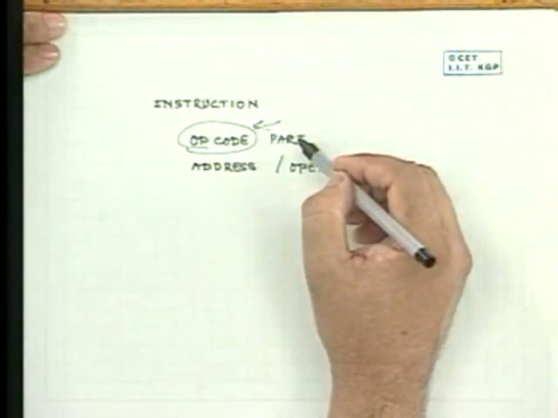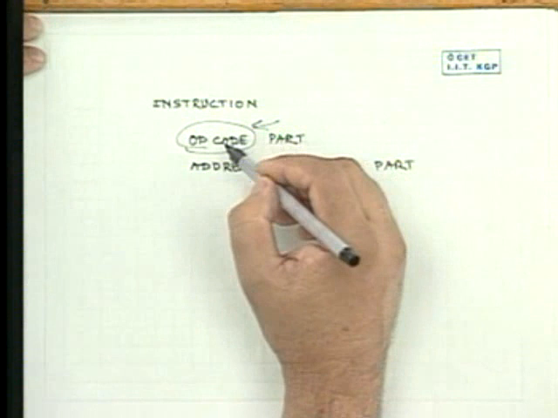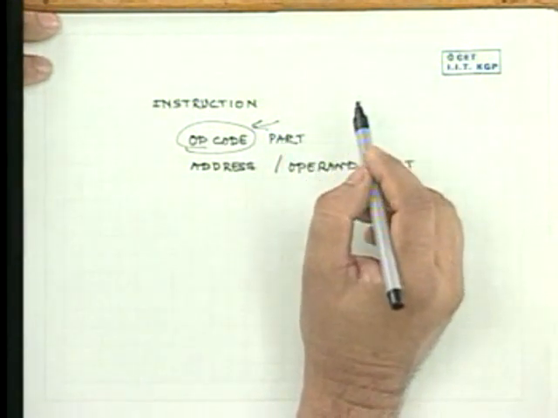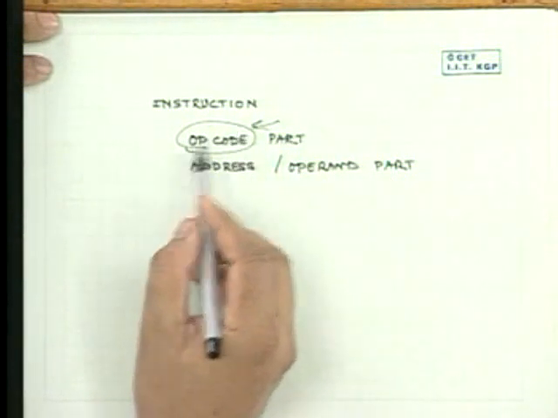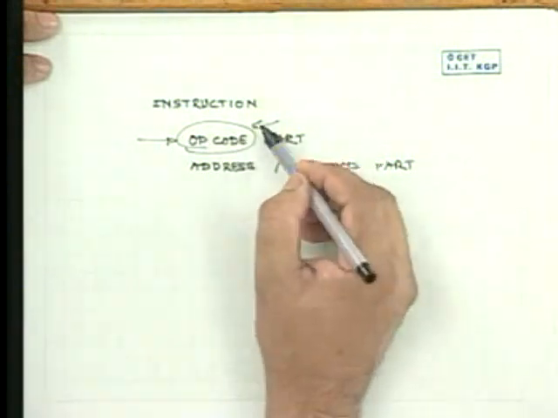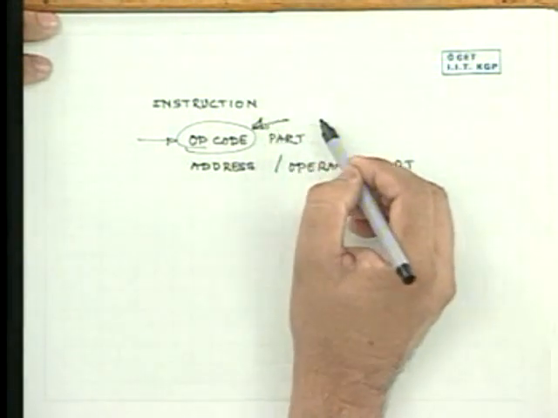The operations the computer can perform depend upon what are the exact opcodes that are there. That means what the instruction set is.